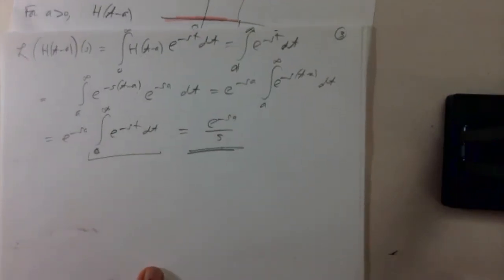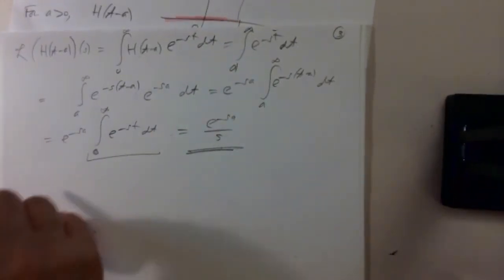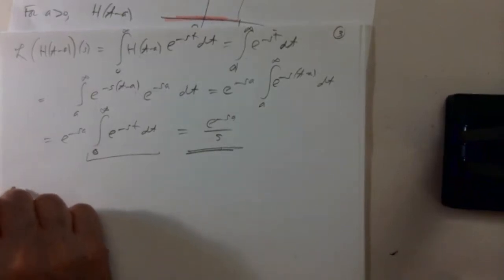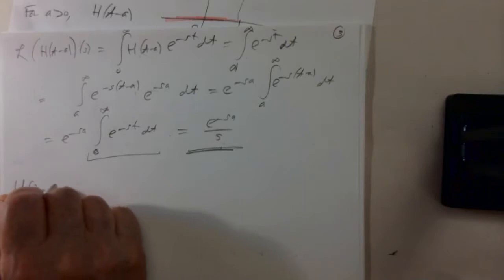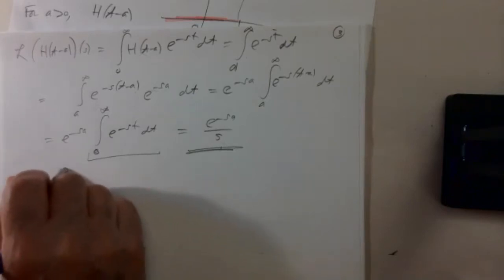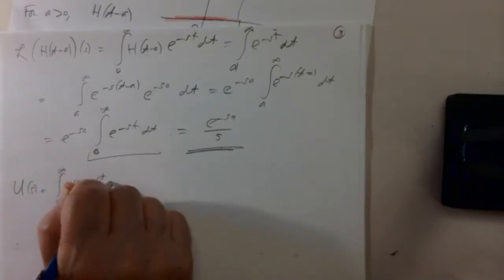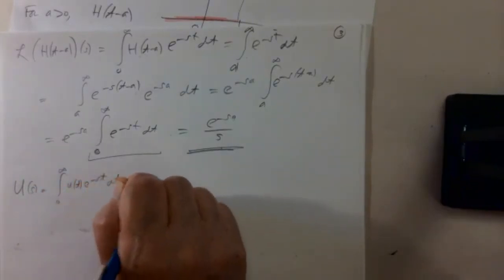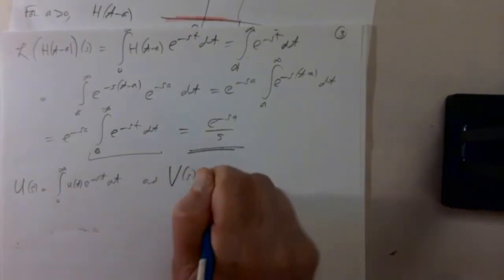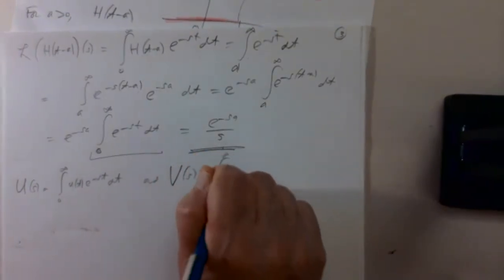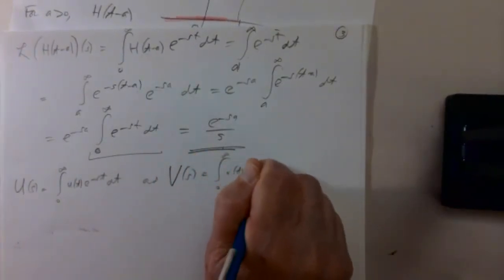One of the beautiful properties of the Laplace transform is that if you have a function little u, and say U of s is the Laplace transform of u of t, and V of s is the Laplace transform of some function v of t.